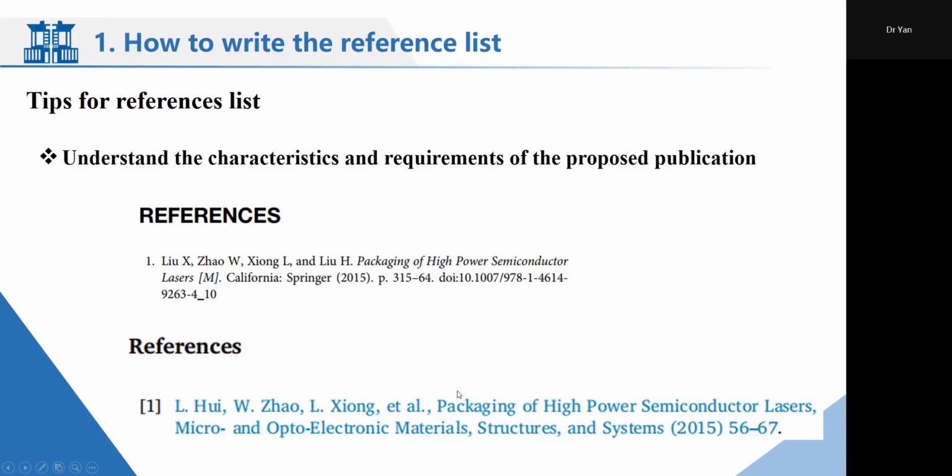So what I'm going to tell you is there are a lot of differences between the format requirements of different journals. For different journals, you have different requirements. And just to show how to make the reference list, I will show you by some examples, right?